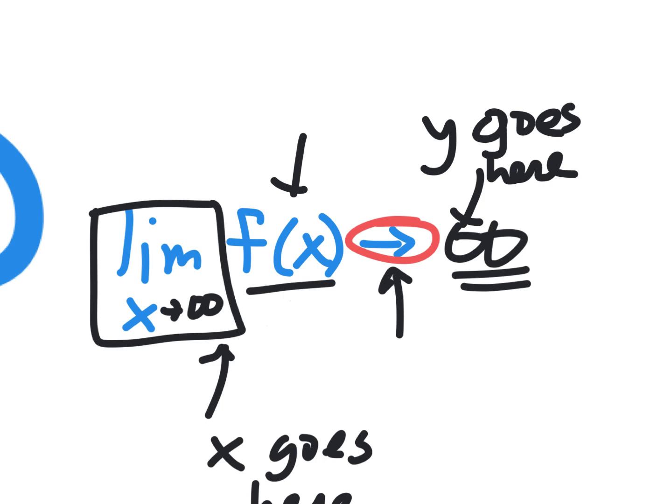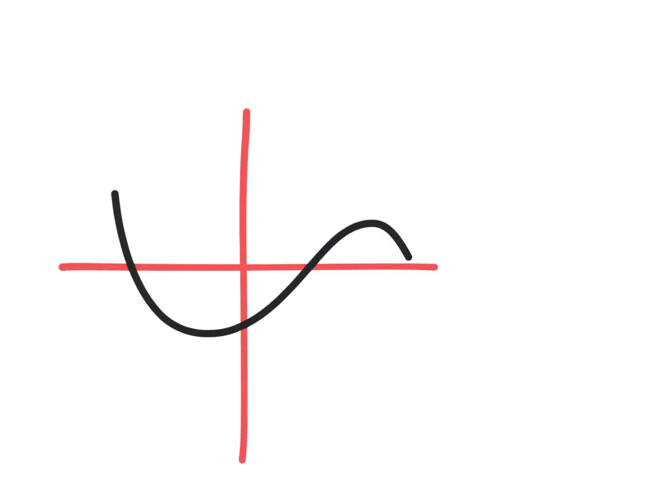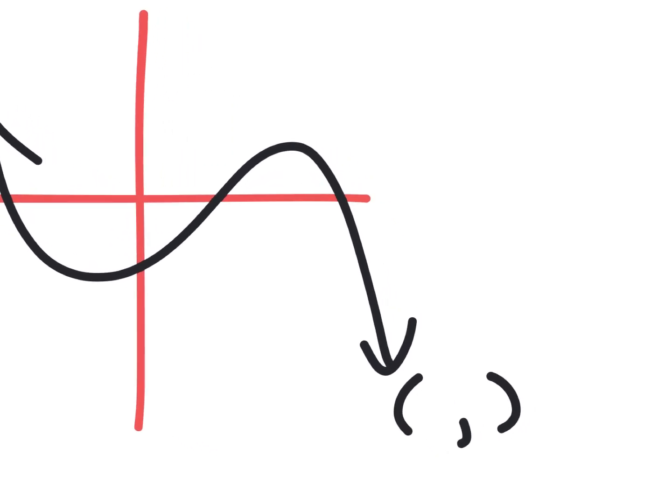All right, so now let me give you another one. Everybody just make a little sketch here. We're just going to go like that. Just make a quick sketch that kind of is up on the left and down on the right. If you wanted to describe this, you could describe it as x going towards positive infinity, but what would y be in this case?